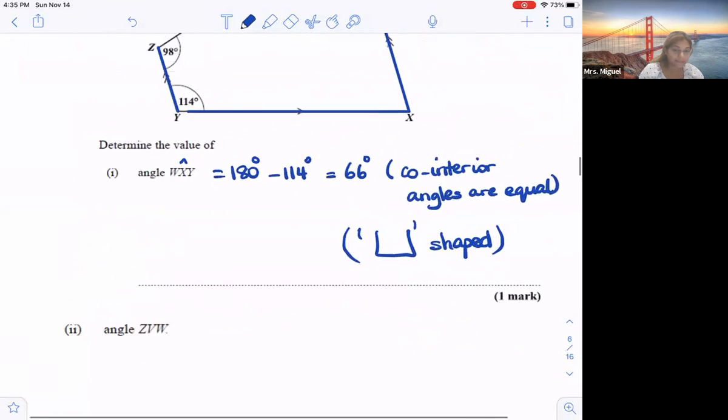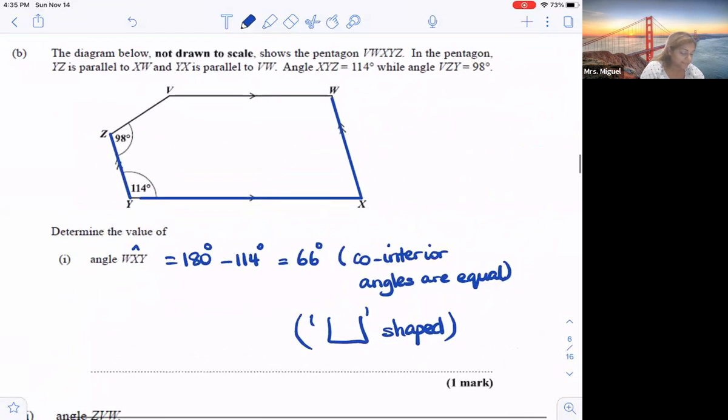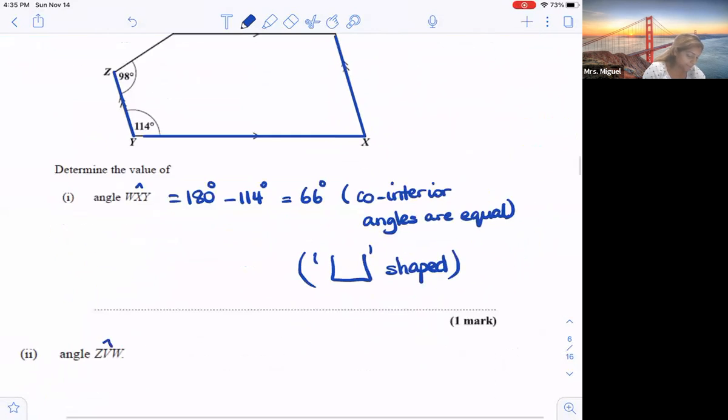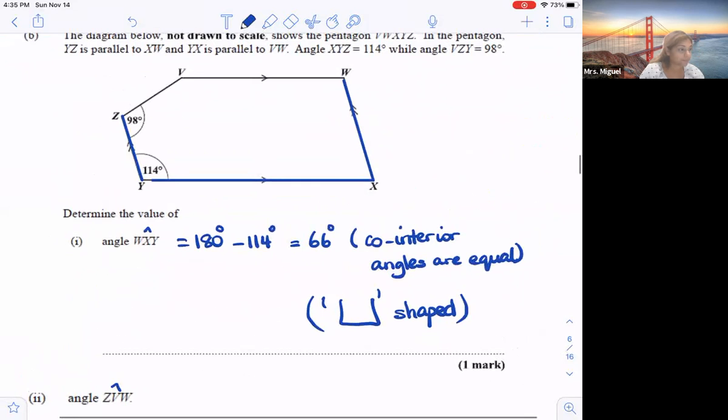We want to get ZVW. So if I erase here, right, this is also co-interior, right? So the co-interior angles are supplementary, meaning that they add up to 180 degrees.